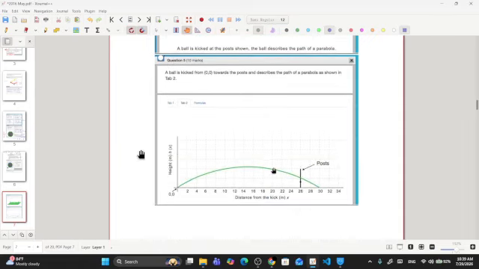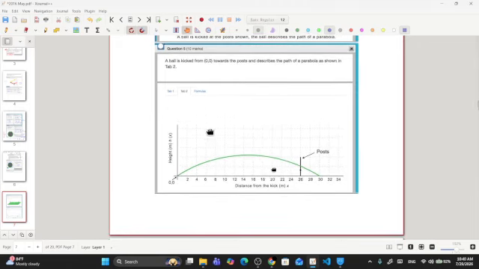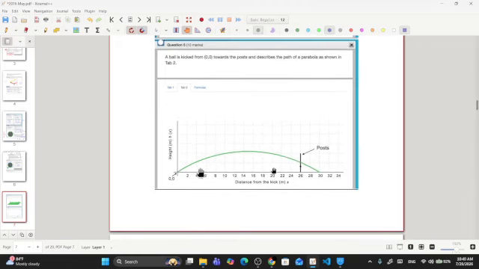So let's check. A ball is kicked from (0, 0) towards the posts and describes the path of a parabola as shown in the diagram. Basically, this is a parabola, right? We understood it when we were studying quadratic equations. A parabola is a shape made by a quadratic curve.